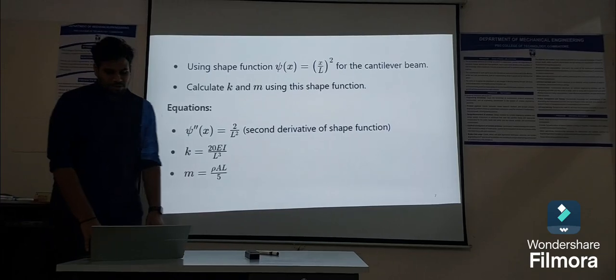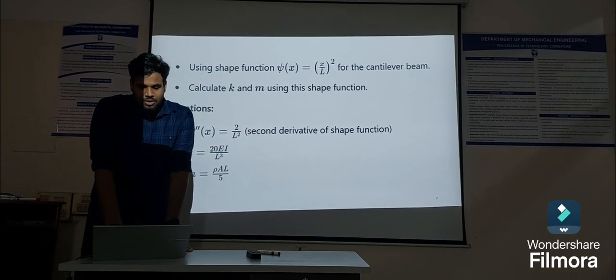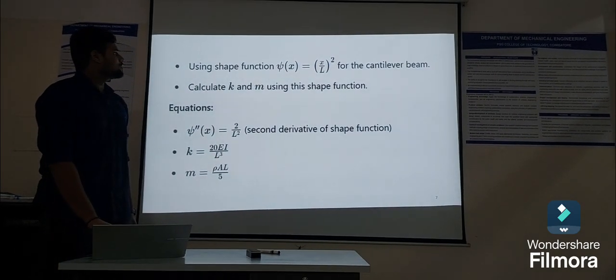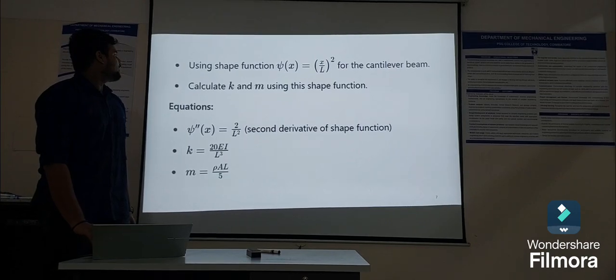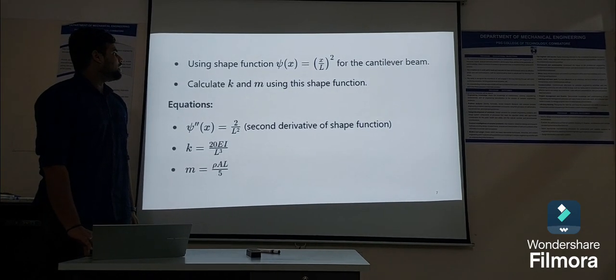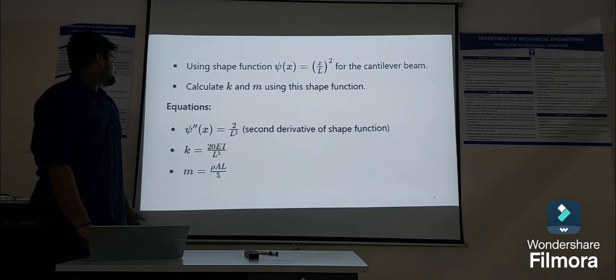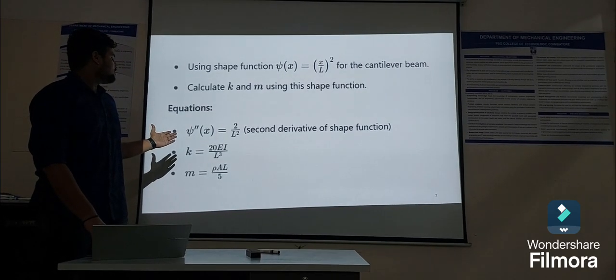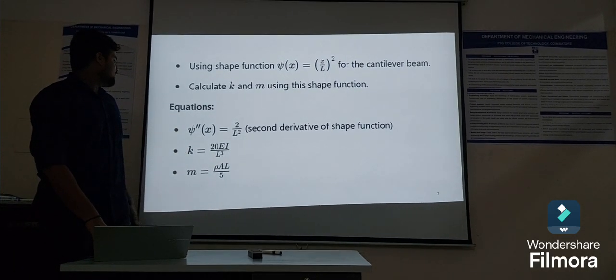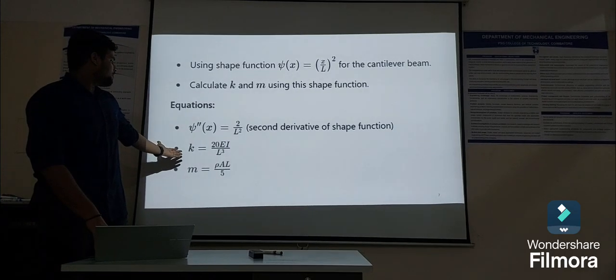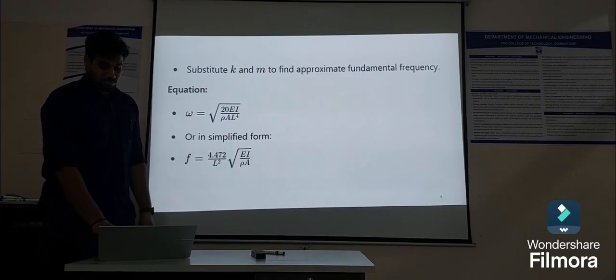using shape function, psi of x is equal to x by L whole square for the cantilever, and to calculate k and m using this shape function, psi double dash of x is equal to 2 by L square. The formula for k and m are given.